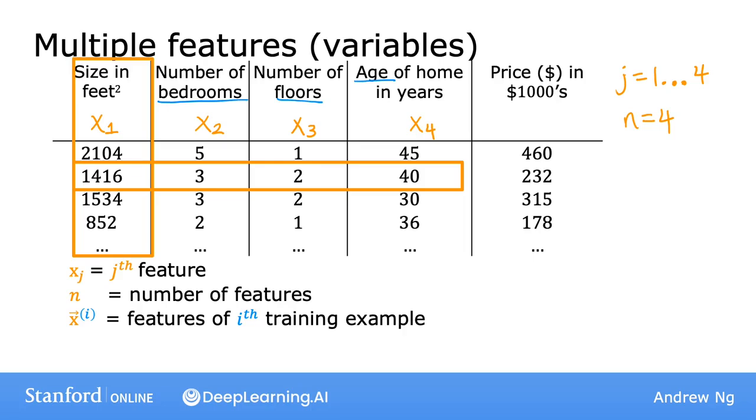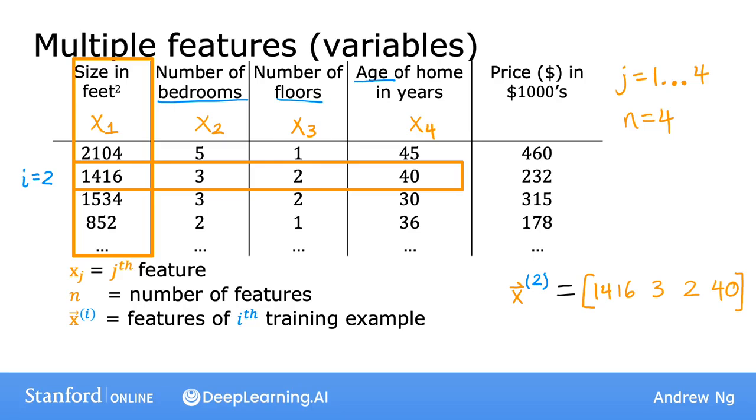So as a concrete example, x superscript in parentheses 2 will be a vector of the features for the second training example. So it will equal 1, 4, 1, 6, 3, 2, and 40. And technically, I'm writing these numbers in a row, so sometimes this is called a row vector rather than a column vector. But if you don't know what the difference is, don't worry about it. It's not that important for this purpose.